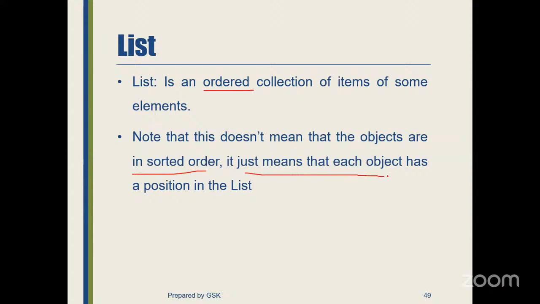It just means that each object has a position in the list. Every element maintains some position. That is what ordered means. This order does not indicate ascending or descending order. Zero position, one element, first position, second position, third position. Like that, the elements are stored in sequential order, not ascending or descending order.